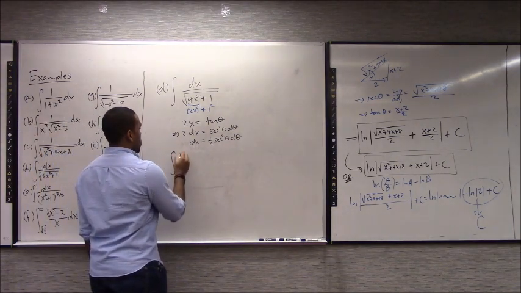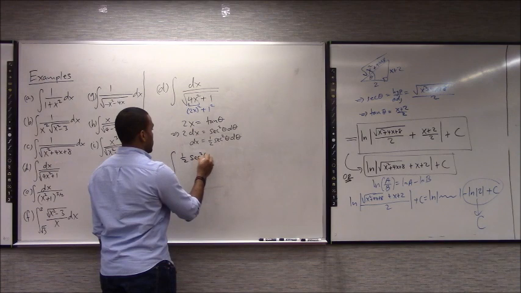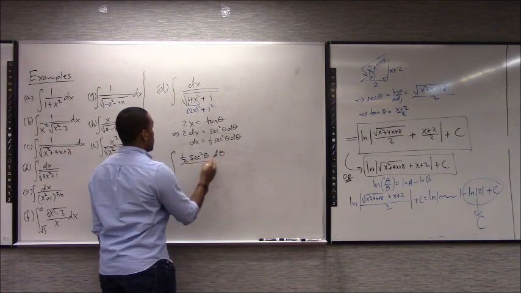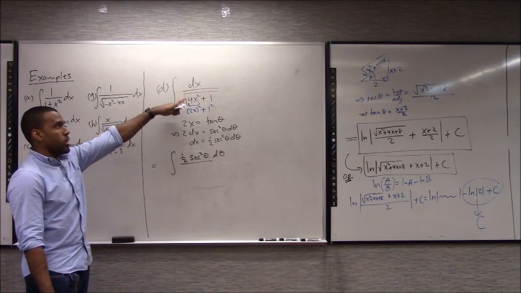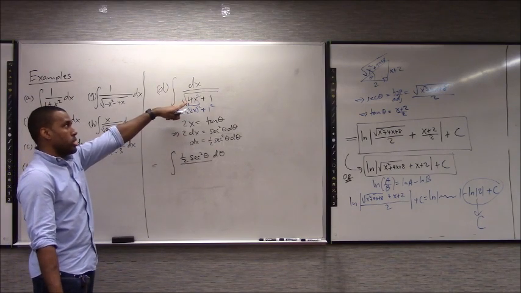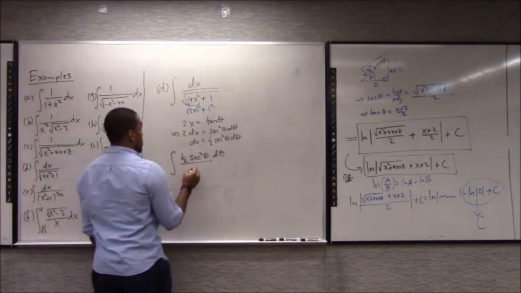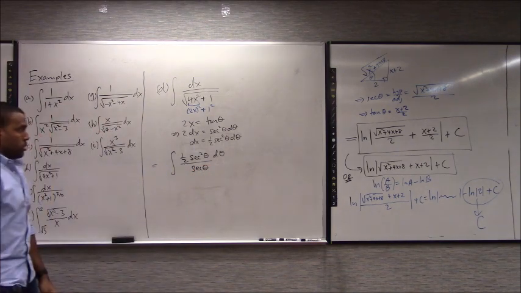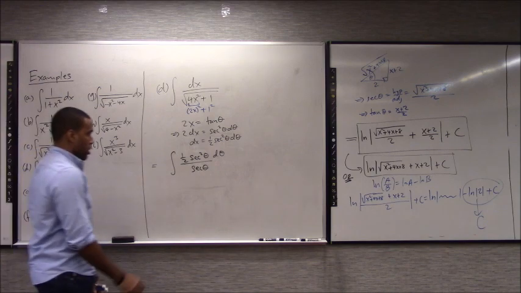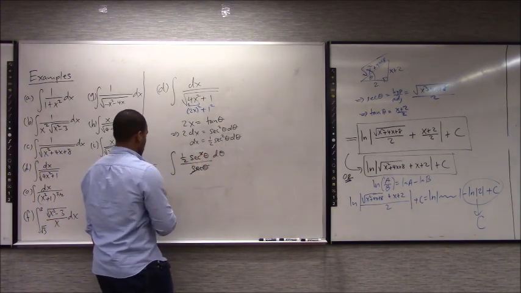So you have 1/2 secant squared theta d theta over, and again, once I plug in my 2x here, it becomes a tangent squared plus 1, which is a secant squared. We're going to take the radical, so that becomes a secant in the denominator. And this cancels that.